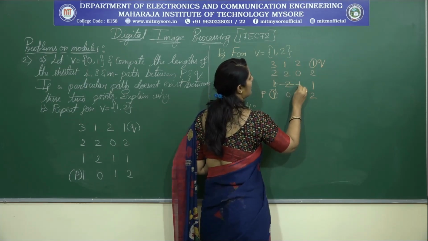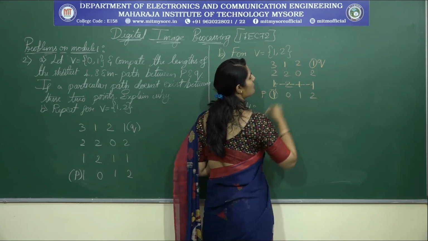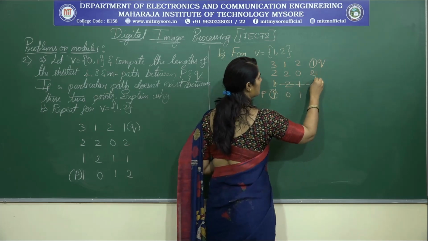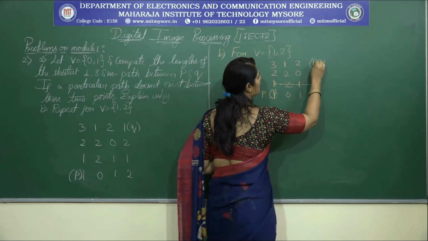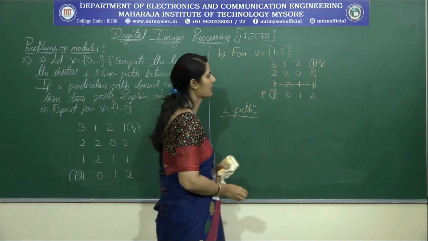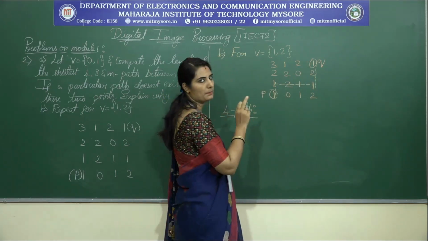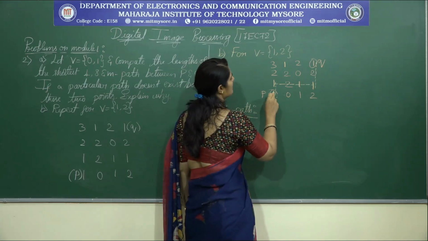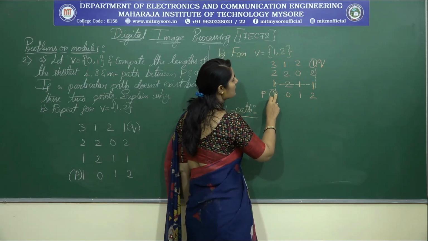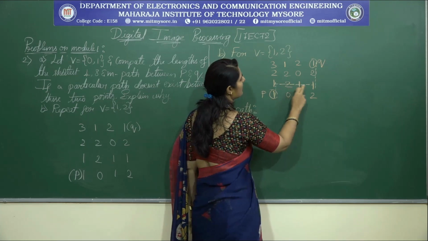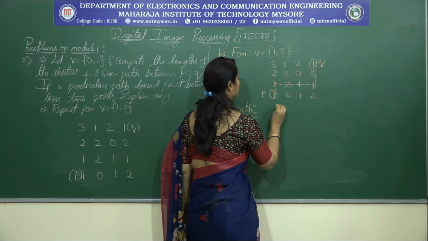Better I will choose this path, and from 1 again I will choose this 4 path, and from 1 to 2 I will choose this 4 path, and 2 to 1 I will choose this 4 path. Right. So I can establish a 4 path between P and Q, and the length of this 4 path is 1, 2, 3, 4, 5, 6.